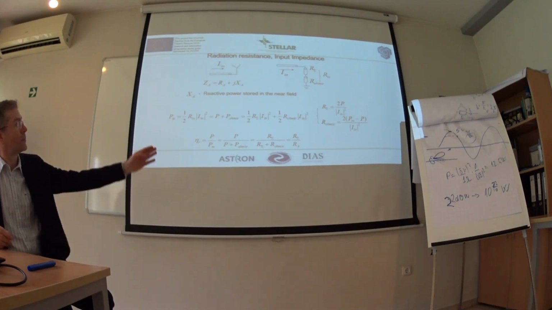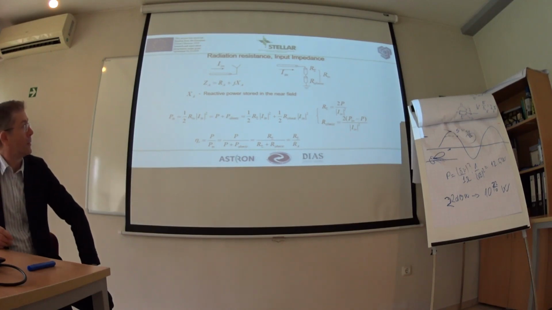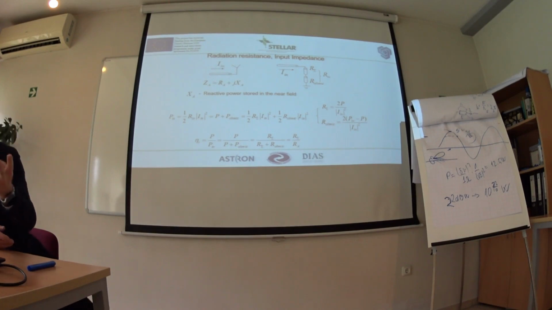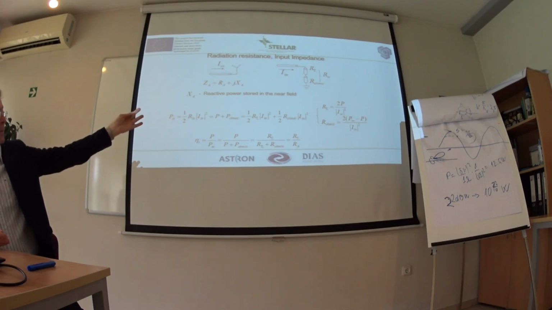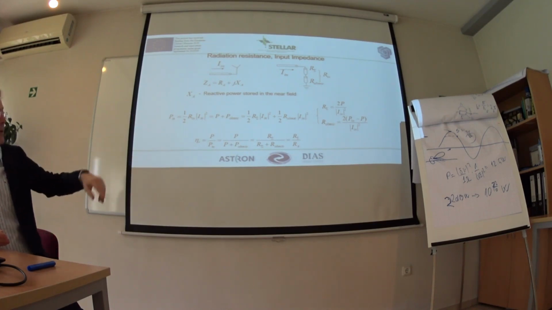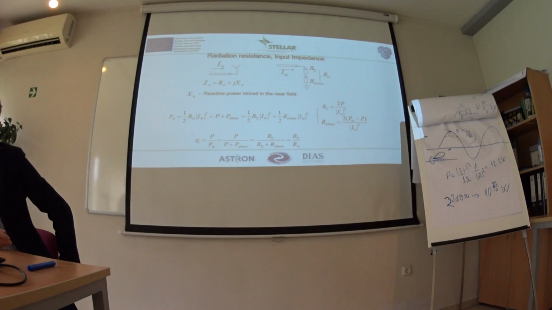So the input impedance of the antenna is actually the sum of three things: the radiation resistance, the loss resistance, the ohmic resistance, and the reactive component.